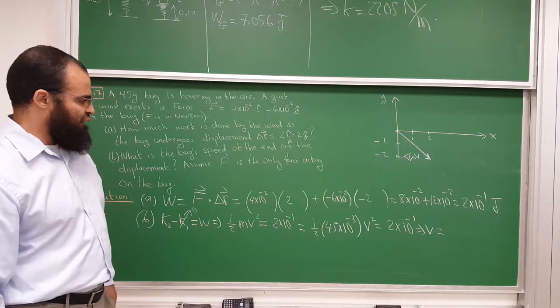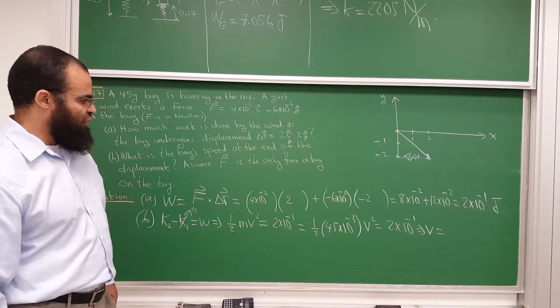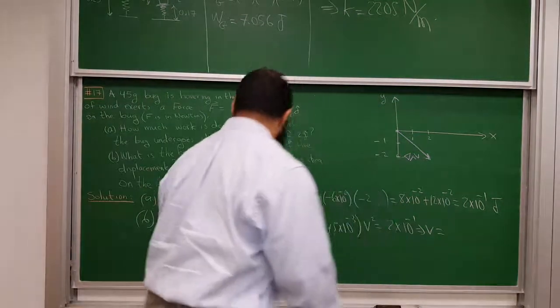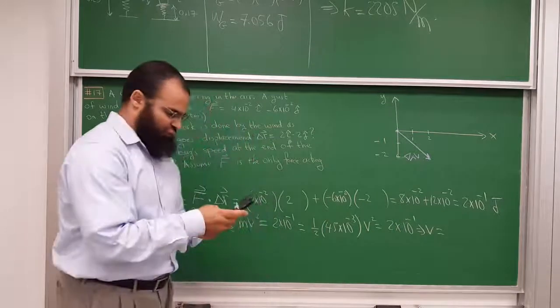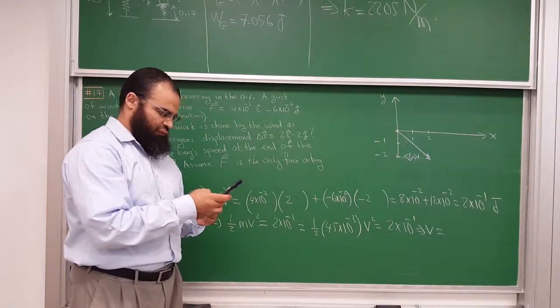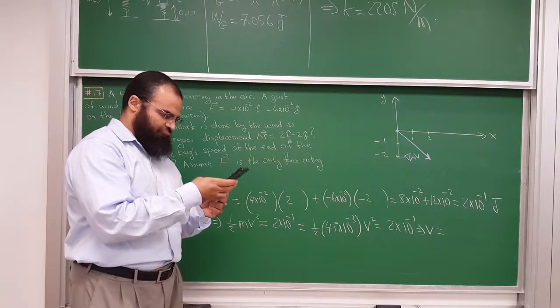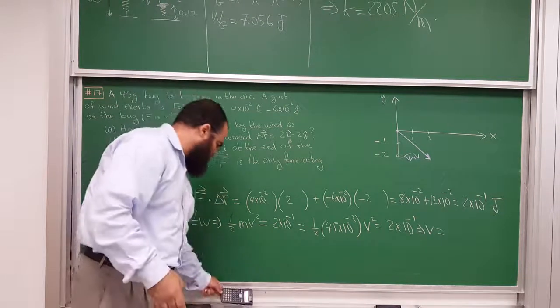And so we will have 4 over 0.45, square root. I got about 2.98.